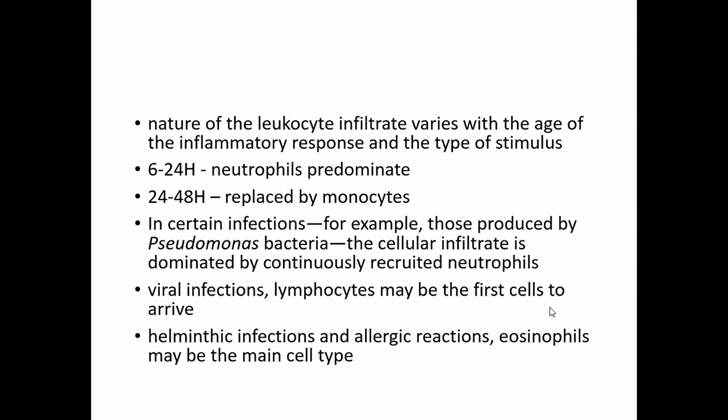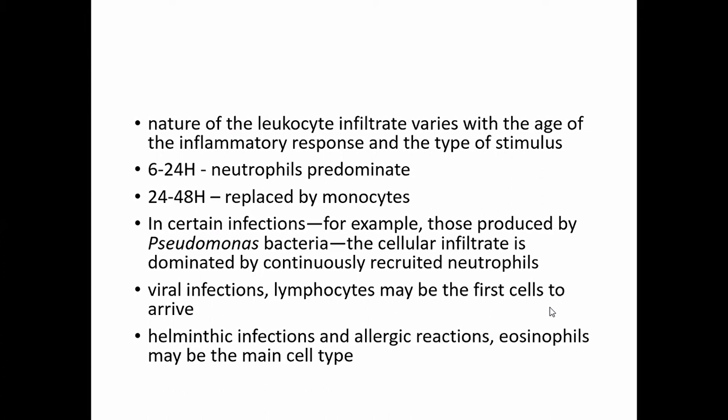The nature of the leukocyte infiltrate varies with the age of the inflammatory response and the type of stimulus. Usually, in the first 6 to 24 hours of inflammation, the neutrophils predominate, and then they are replaced by monocytes in 24 to 48 hours.